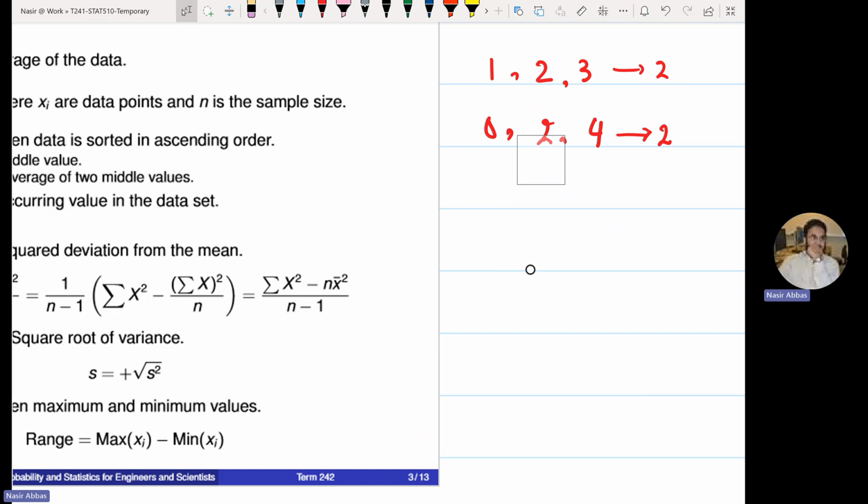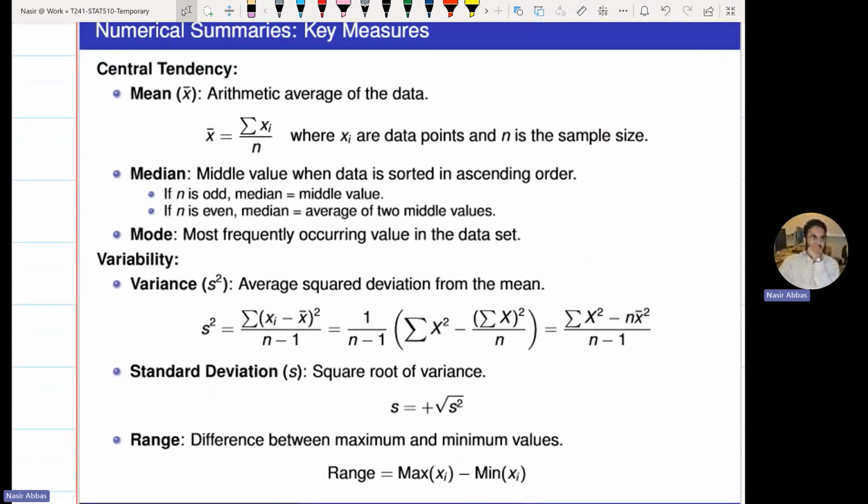So to avoid that cancellation of positive from negative, you take the square. Once you take the square, the overall measure becomes the average squared deviation of each value from the mean.